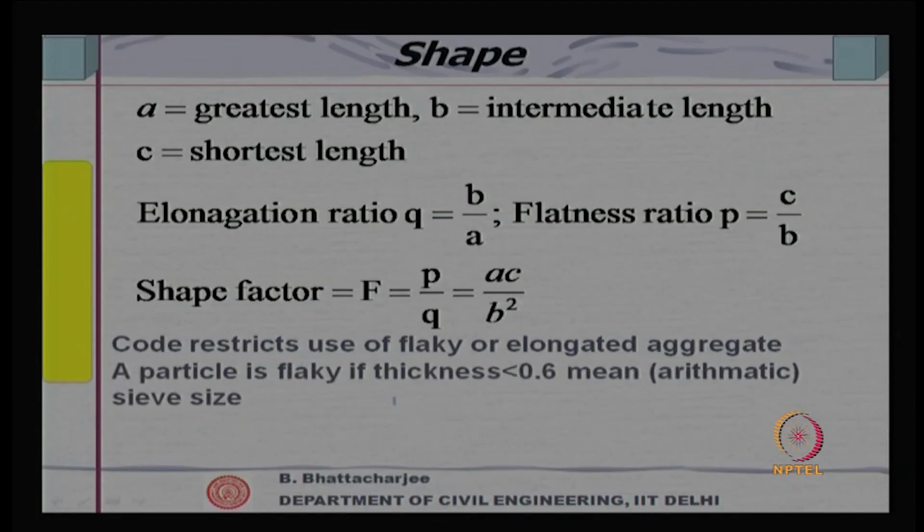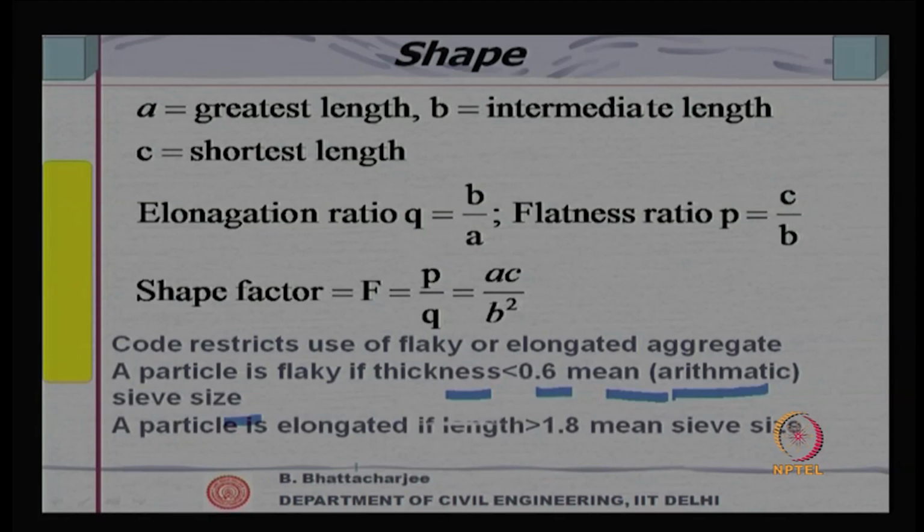A particle is flaky if its thickness is less than 0.6 of its arithmetic mean sieve size. Mean is calculated on the basis of the arithmetic sieve size. So, if it is less than 0.6 of the mean sieve size, then you call it flaky.